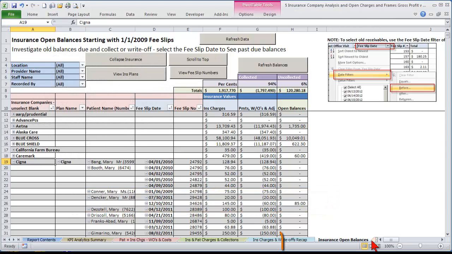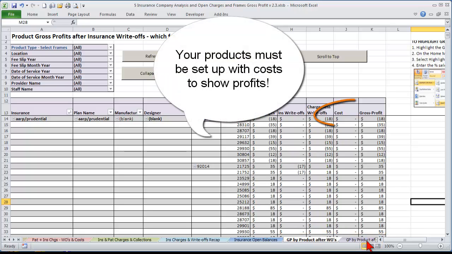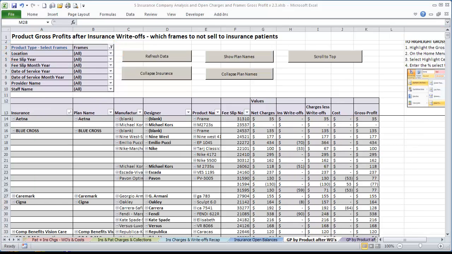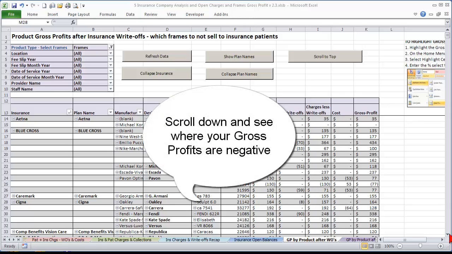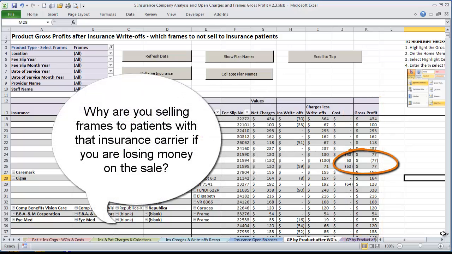The next two tabs show gross profits by product types after collections or charges less write-offs. Be sure your products have costs. Select the product types, for example, frames. And scroll down and see where your gross profits are negative. Then ask, why are you selling the frames to patients with that insurance carrier when you're losing money on the sale?